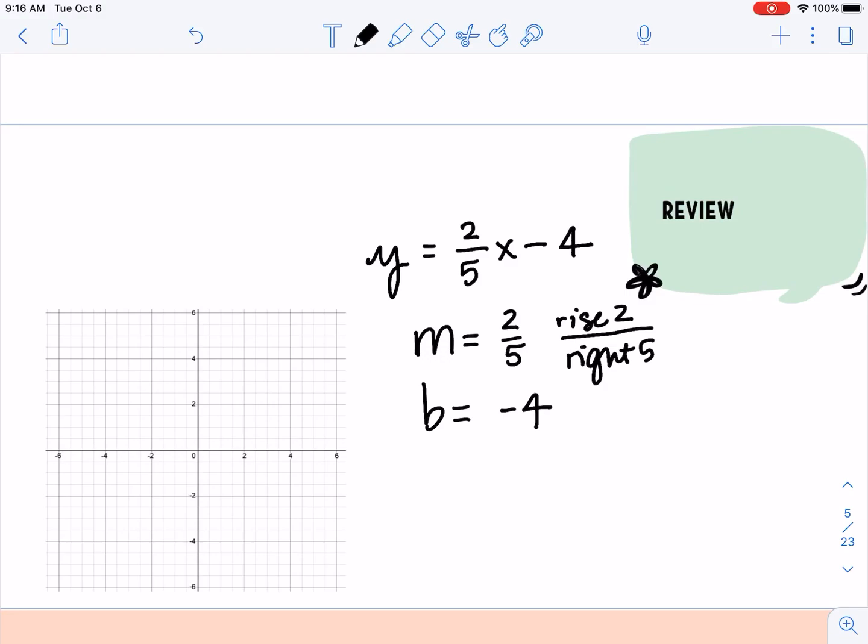Okay, we're back, which means you've already graphed this and you're just checking to see if your answer is correct. So let's see. We begin with b, and so we are going to begin at negative 4. There. Now I move with m, so that means I am going to rise 2, go up 2, and to the right 5.